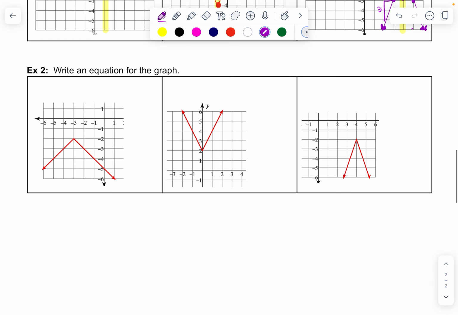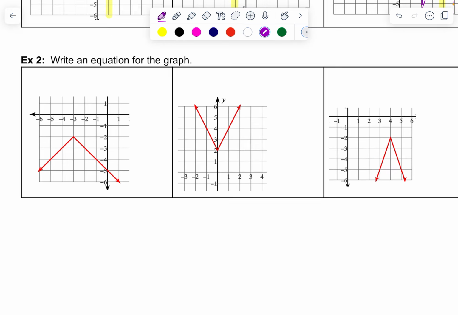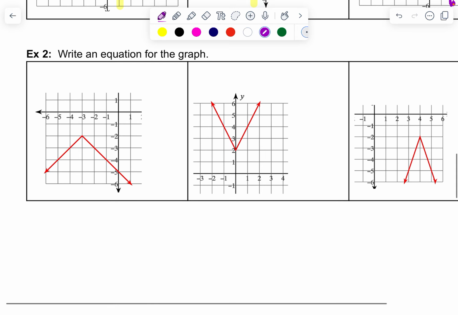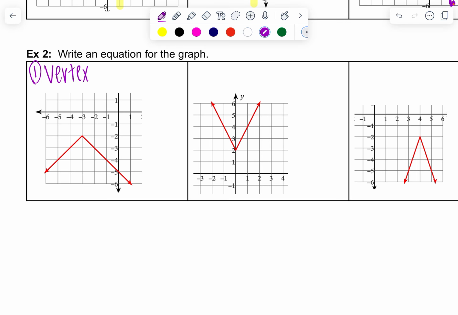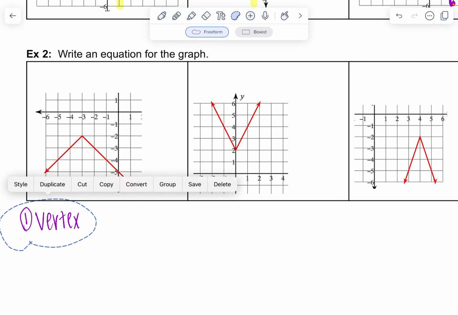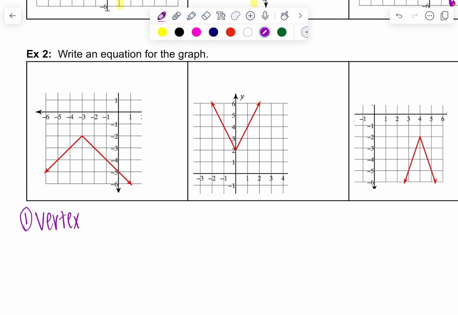Let's look at writing the equation. First thing we always want to do is find the vertex. So for this one, my vertex is located right here at (-3, -2).